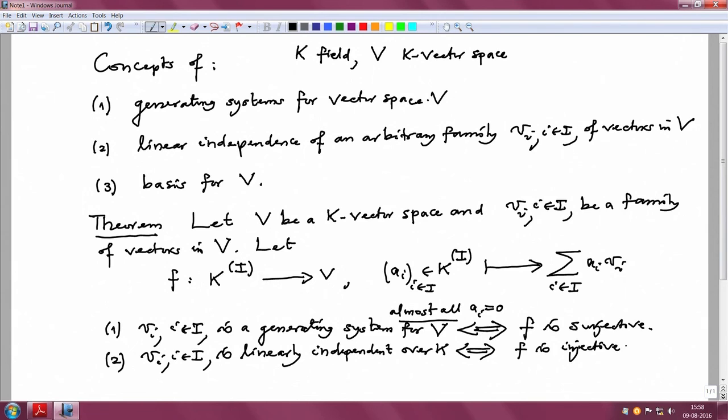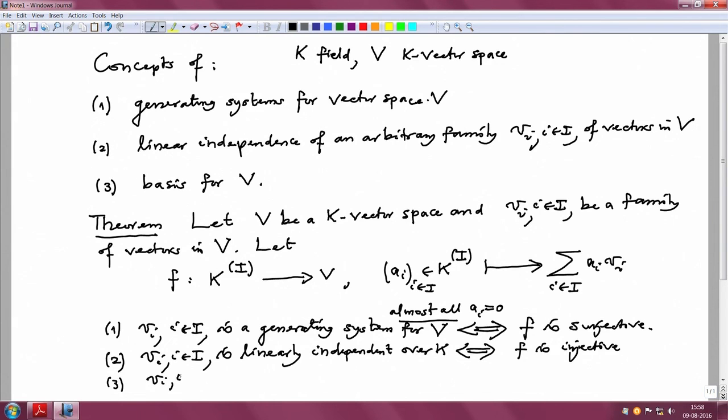This is also immediate from the definition of linear independence, because linear independence means if a linear combination is 0, then each coefficient is 0. So, if some tuple goes to 0, then the tuple itself should be 0, and tuple 0 means all components are 0. Third, combining 1 and 2, by definition a basis is a generating system which is linearly independent.